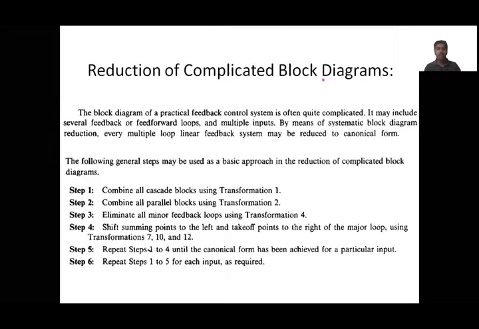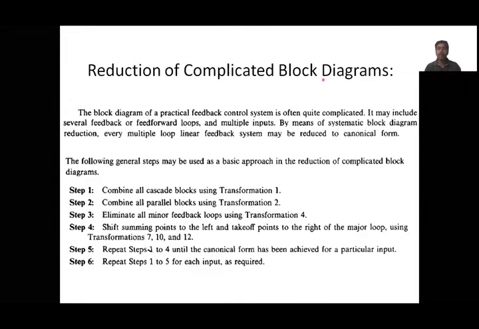The reduction process has some steps. We can't randomly reduce the complicated block diagram and get the simplified version. We have to follow some procedure. The first step is to combine the cascade blocks, if there are any in the system. The second step is to combine all the parallel blocks.